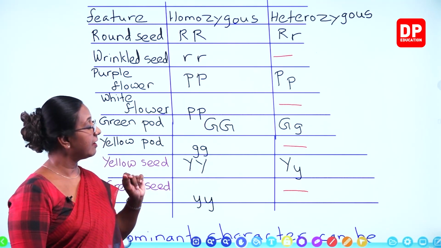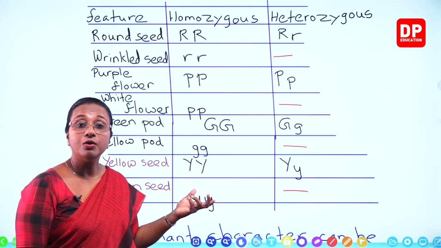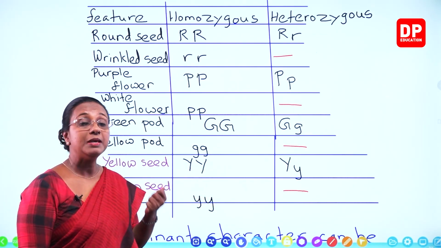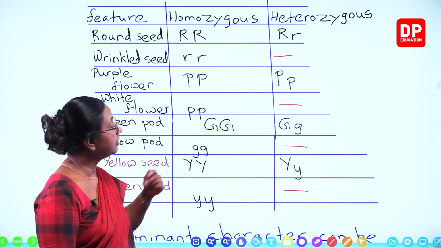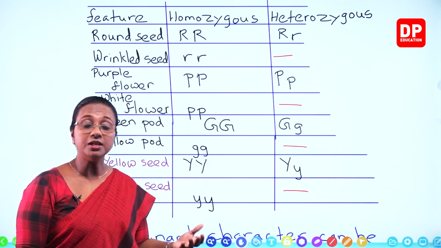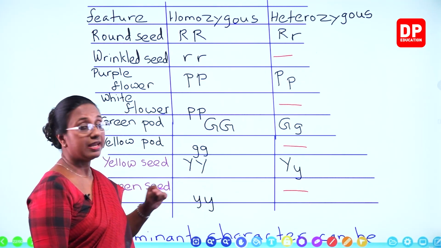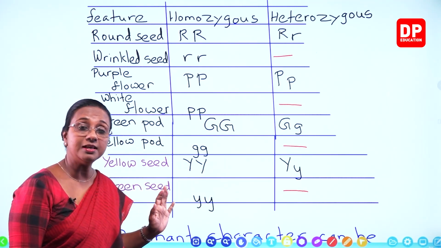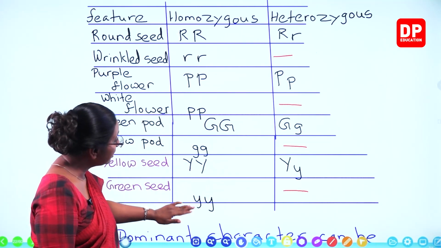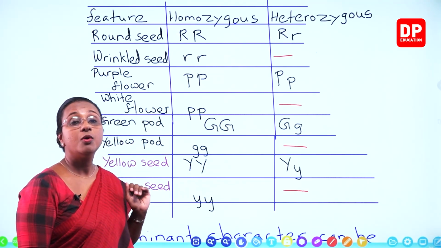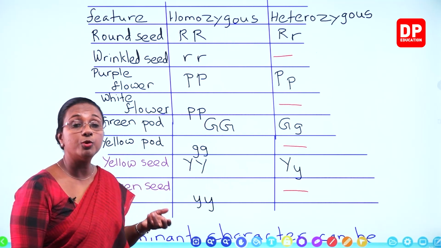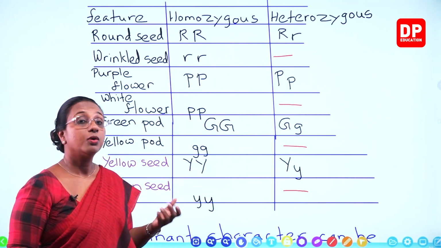Capital Y, small y is the heterozygote instance, because it is the dominant character, the heterozygote also gives rise to the yellow color seeds. And green color seeds, small y, because it is the recessive character, is only expressed in the form of the homozygote or homozygous condition.